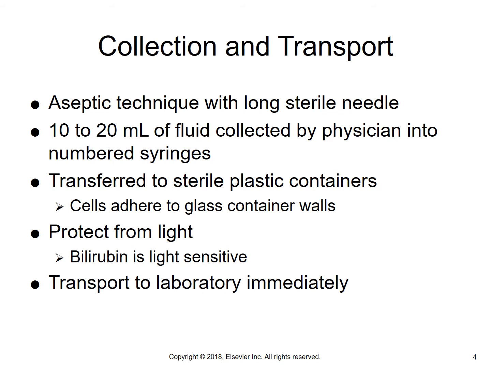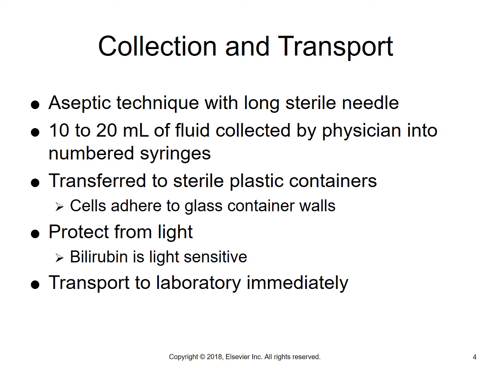The collection technique is an aseptic one, and it uses a very long sterile needle where the physician pierces through the abdominal and uterine walls and aspirates about 10 to 20 mLs of amniotic fluid into different syringes.